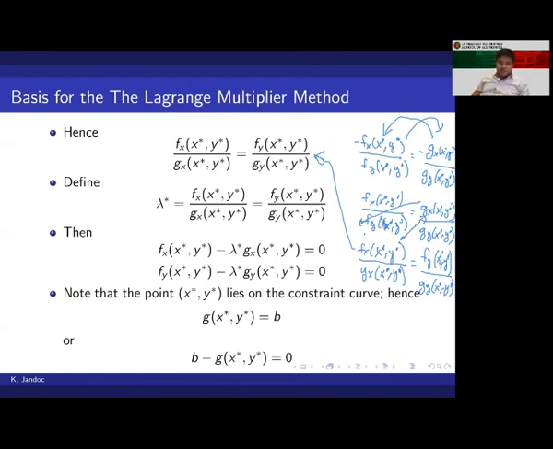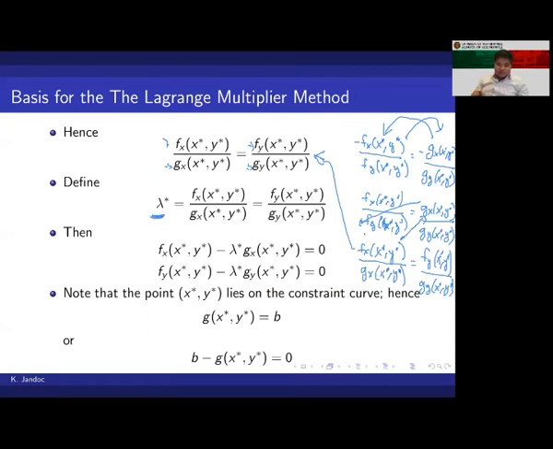Now notice that f and g are functions. And if you plug in certain values, like x* and y* are numbers, it will give you a number. So define that number by lambda star.